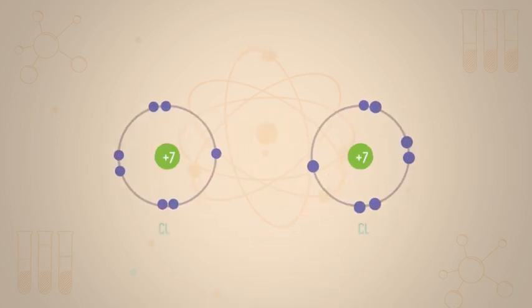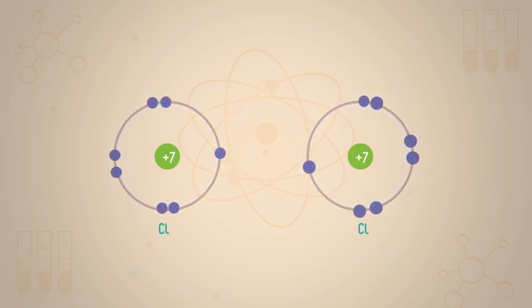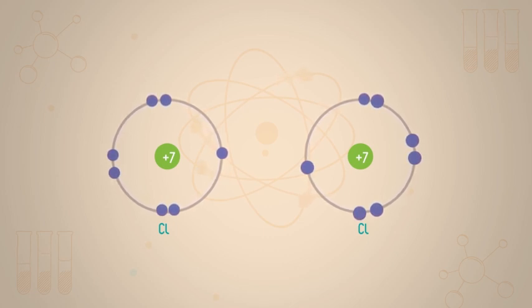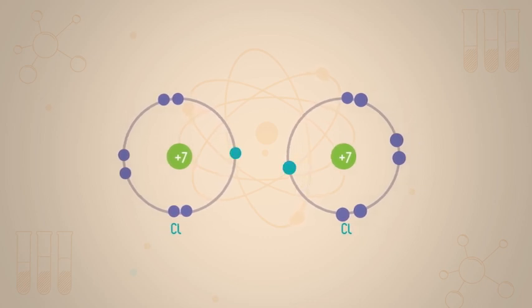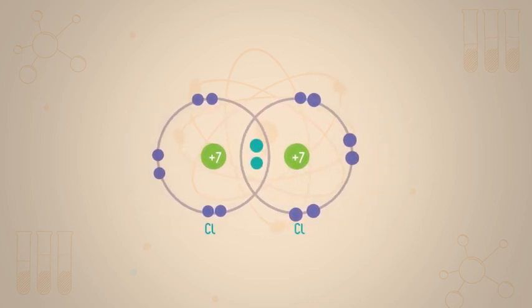Consider chlorine. Its 7 outer electrons are held by an effective nuclear charge from the nucleus of +7, as we saw in the first part of this video. As 2 chlorine atoms approach each other, they attract, and their 2 lone electrons pair up, filling the outer shells of both atoms.